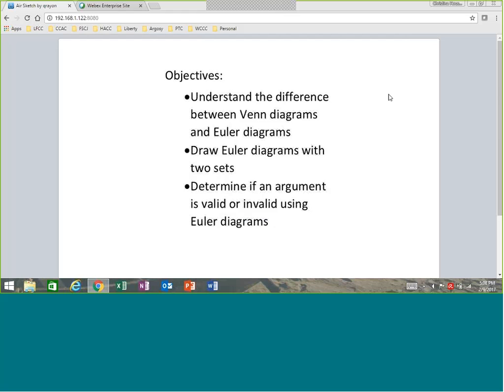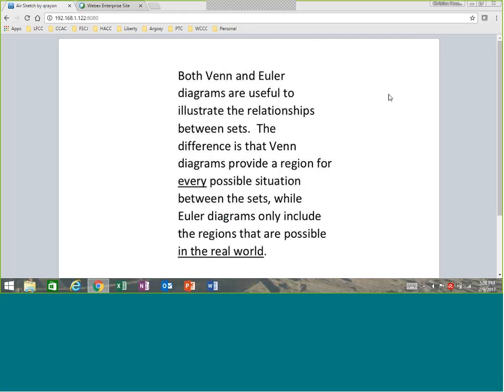So let's start by looking at the difference between Venn and Euler diagrams. Both of them are really useful for illustrating the relationships between sets. The difference is that Venn diagrams provide a region, a space in the diagram, for every possible situation between the sets, while the Euler diagrams only include the regions that are possible in the real world.